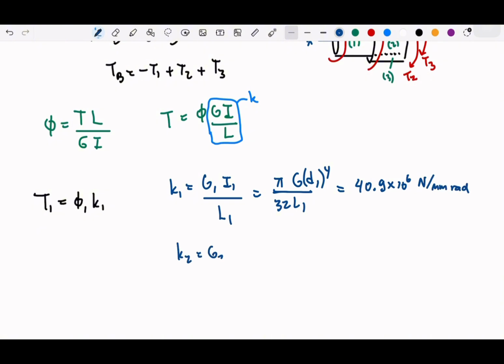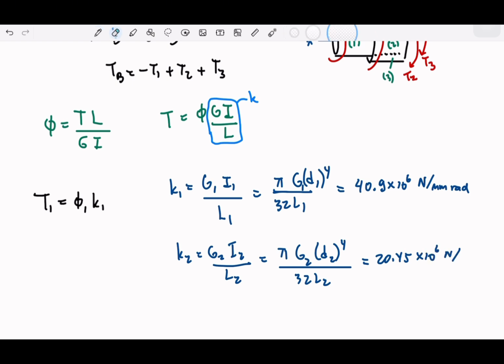And then do the same thing. This is still solid shaft. This is G2. Okay, and this will be around 20.45. Oh wait, it's not Newton, it's Newton millimeter over radian.